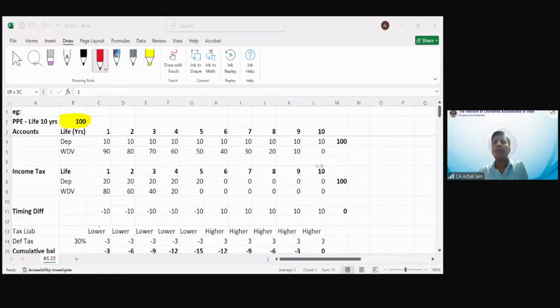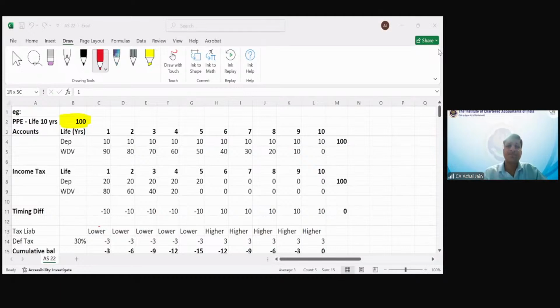Let's suppose because of that difference, in the books you are charging a depreciation of 10, whereas for income tax you are charging a depreciation of 20. That's what I have considered. All of those complex calculations are not required; that you can do for your income tax. For our accounting purposes, we need to understand the concept. That's why I've tried to keep it simple.